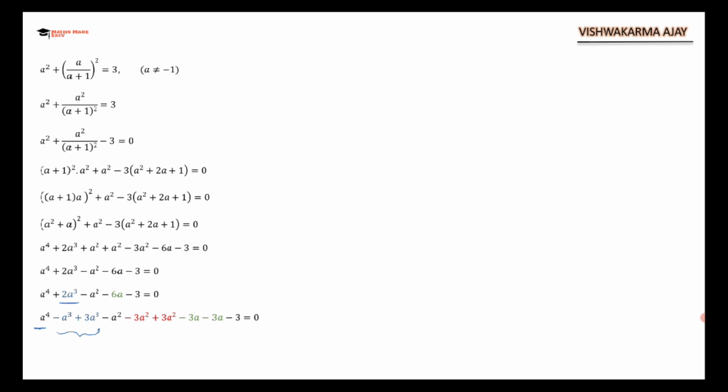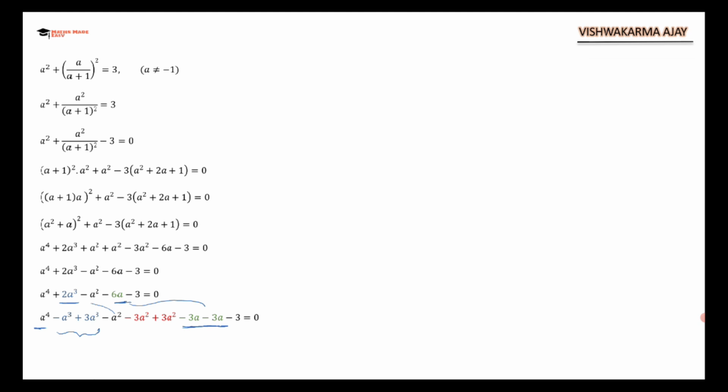When you solve this, you get back your 2a³. a² as it is. 6a can be written as minus 3a minus 3a, so you get minus 6a when you solve it, and minus 3 as it is.